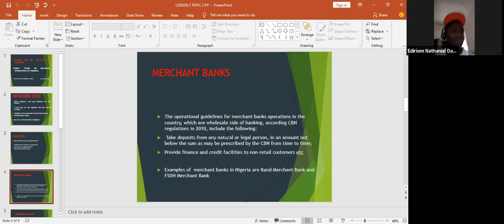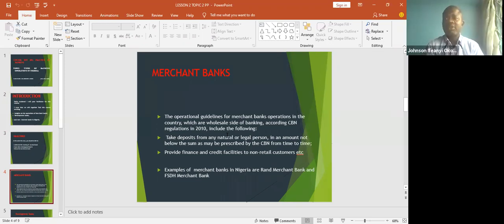Last lesson, we talked about commercial banks being retail banks. But as much as they are retail banks, the wholesale sector would also need to be covered. Which bank covers the wholesale? The merchant banks. So merchant banks are also known as wholesale banks.